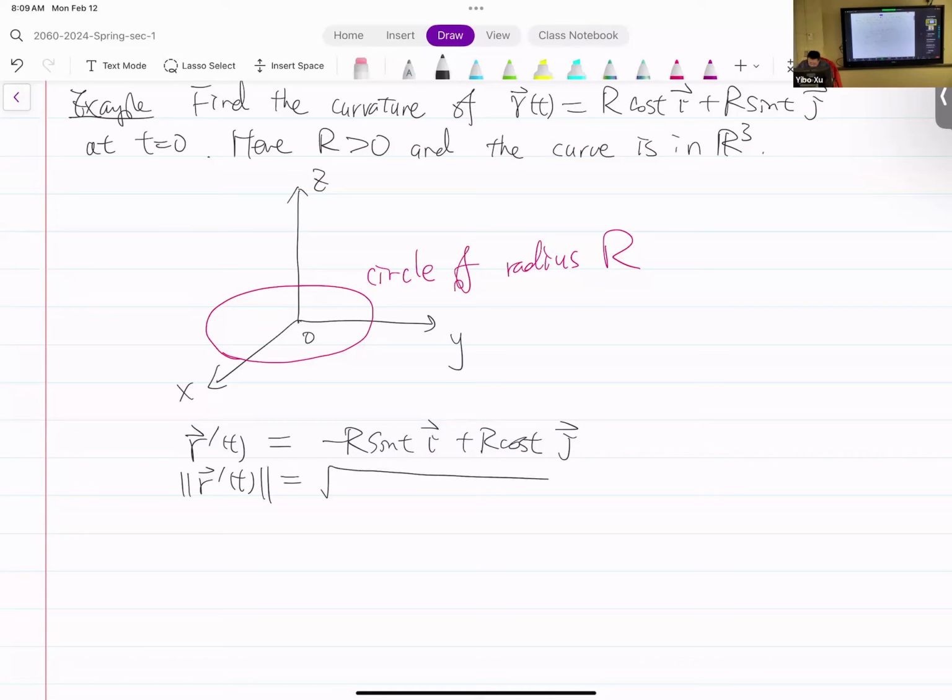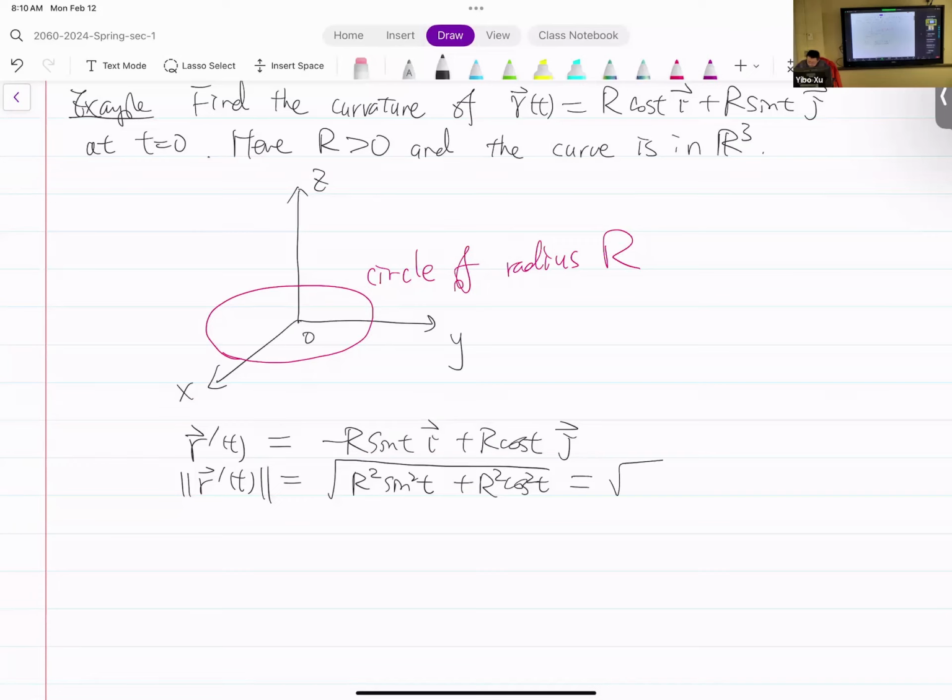Here, fortunately, under the square root we have a Pythagorean theorem. The first component squared is R squared sine squared. The second component squared is R squared cosine squared. And if you recall, sine squared plus cosine squared is equal to 1 by the Pythagorean theorem.